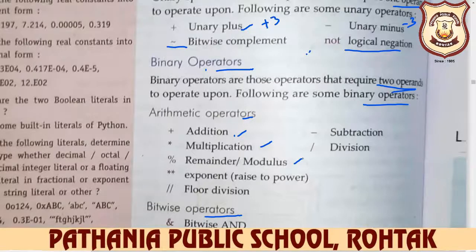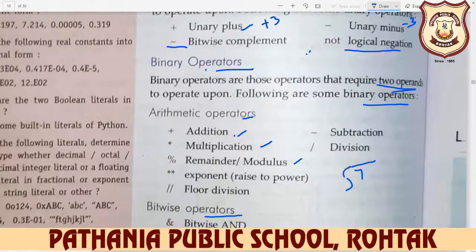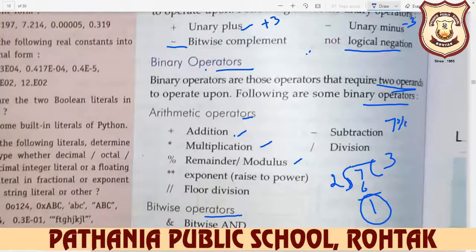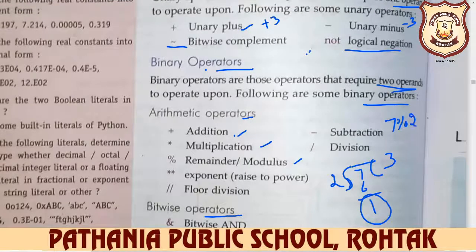For example, 7 divided by 2. 2 threes are 6, remainder 1. So this 1 is your modulus, or you can say remainder. If you want to find the remainder, you write 7 mod 2. This is your remainder operator, modulus operator. So your answer is 1.